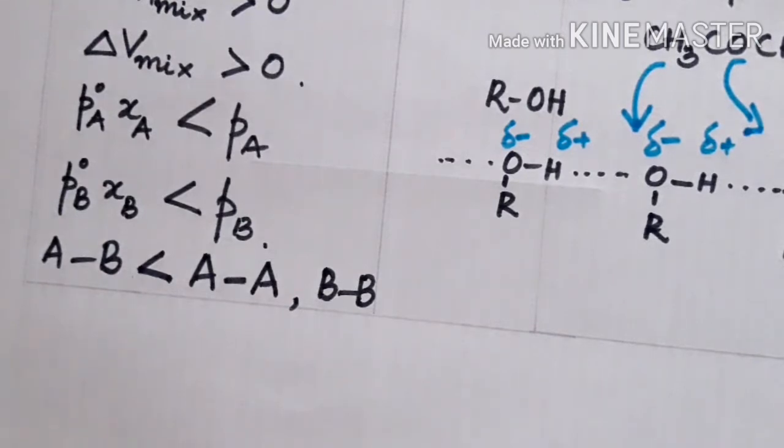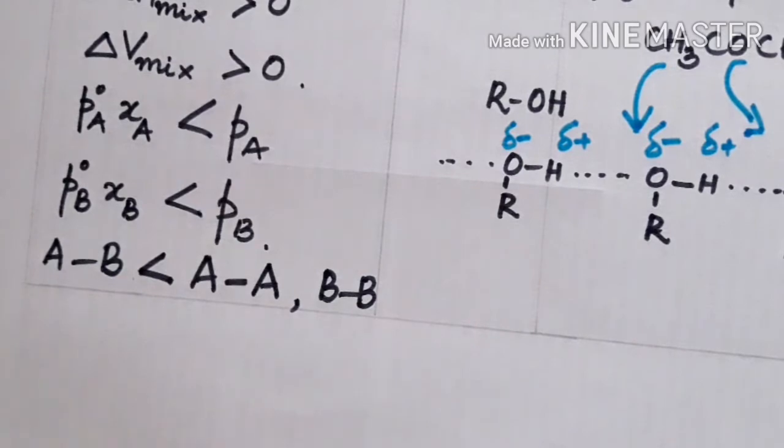So when ethanol is mixed with acetone, the boiling point is found to decrease considerably, and this happens because of positive deviation from Raoult's law.